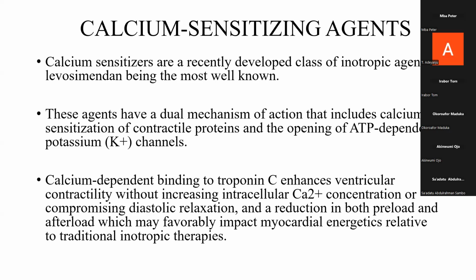So it doesn't necessarily increase the amount of cytosolic calcium, because excess calcium can also worsen your diastolic function. So it increases sensitivity such that it doesn't affect diastolic relaxation, but it also affects contractility, and it also causes opening of ATP-dependent potassium channels. Those are the two main mechanisms of action of the calcium sensitizing agent.